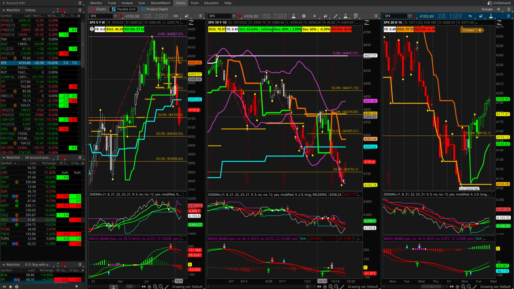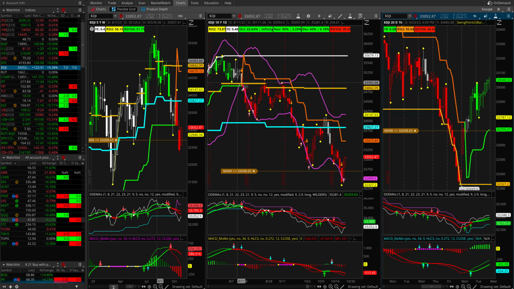The S&P went up 0.65% today. The Dow Industrials were up another 123 points, which is only 0.38% nowadays, because the Dow is, you know, 33,000. But you can see in a lot of these indexes, the hourly is actually kicking up.